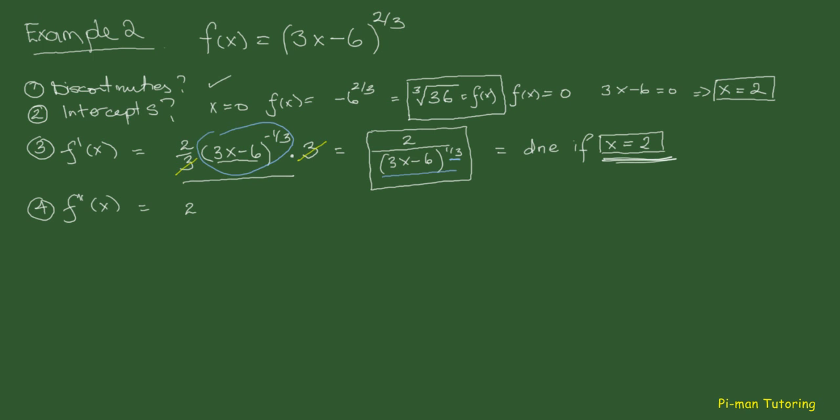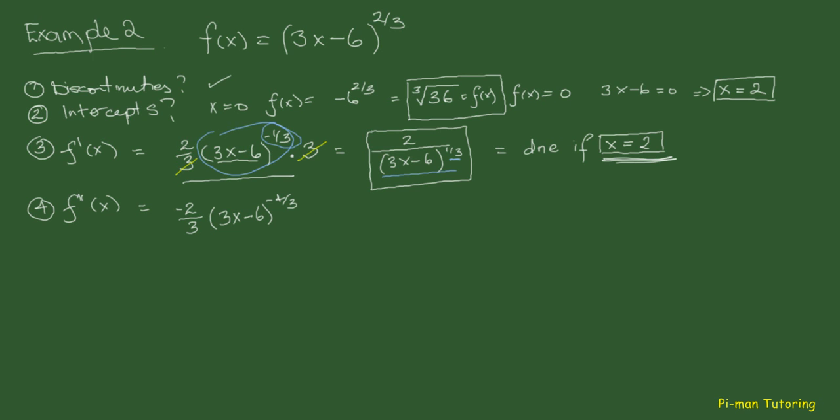We bring down the power, which is the negative 1/3, so that will become negative 2/3 multiplied by the inside function. We reduce the power by 1. So minus 1/3 minus 3/3 gives me minus 4/3.